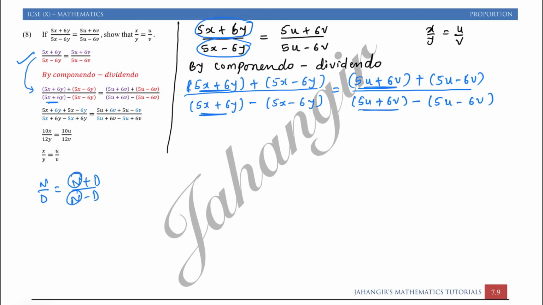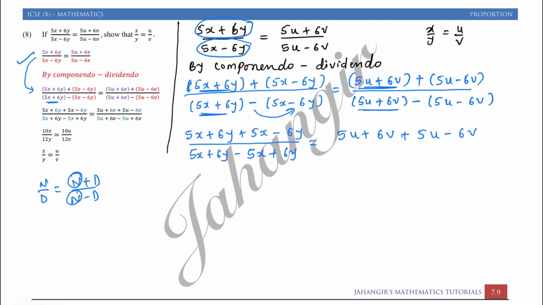So now we will just open the brackets: 5x plus 6y plus 5x minus 6y whole upon 5x plus 6y minus 5x, minus into minus is plus 6y, which is equal to 5u plus 6v plus 5u minus 6v whole upon 5u plus 6v minus 5u, minus minus plus 6v.